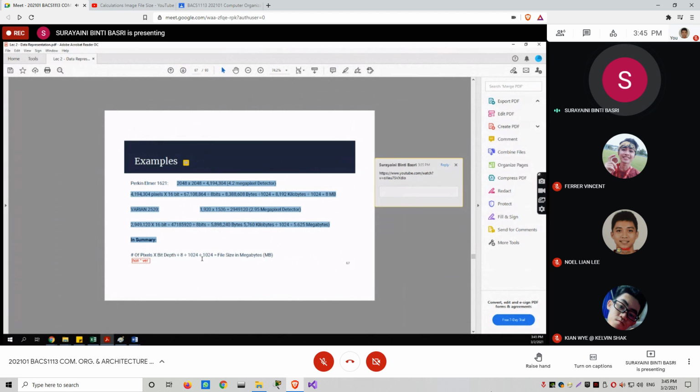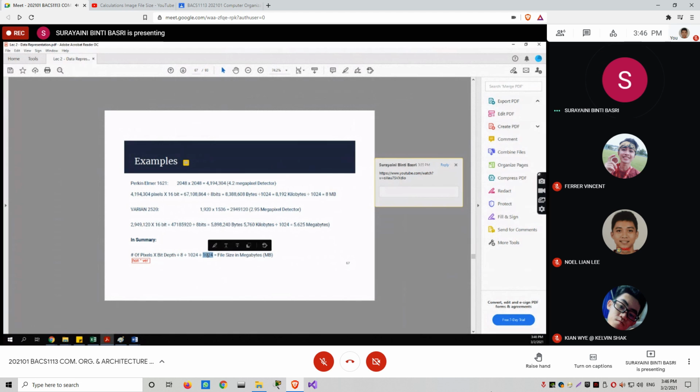In the video you can divide the answer in kilobytes by 1024 to get the answer in megabytes, because 1 megabyte is equal to 1024 kilobytes. So if you want to get the answer in megabytes, just divide the formula that we got in the video just now by 1024.